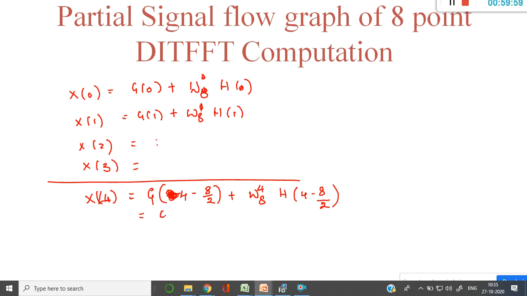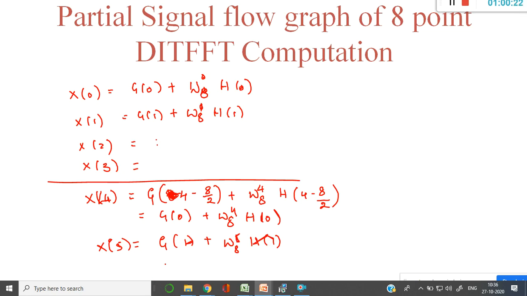Which is nothing but g of 0 plus w8 to the power of 4 h of 0. X of 5 is calculated as g of 1 plus w8 to the power of 5 h of 1. Similarly, x of 6 and x of 7 are going to be calculated in this case.